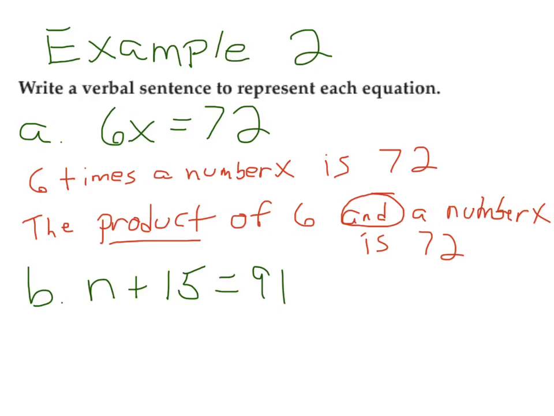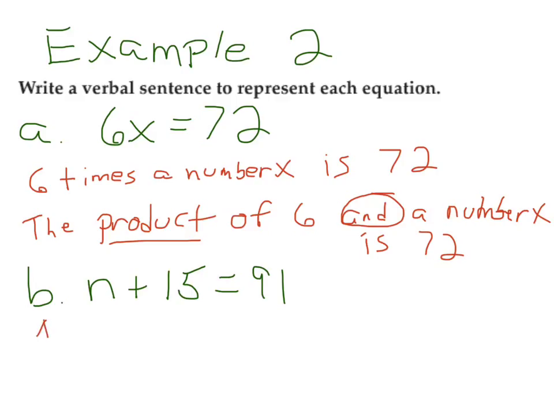So let's move down and look at B. And again, using that start to the left, move to the right sort of algorithm, we're going to start with the very first thing, and that's n. That's the variable. So we can just start with a number n. I want to caution you, though, here that using plus, a number n plus, we don't really like that.